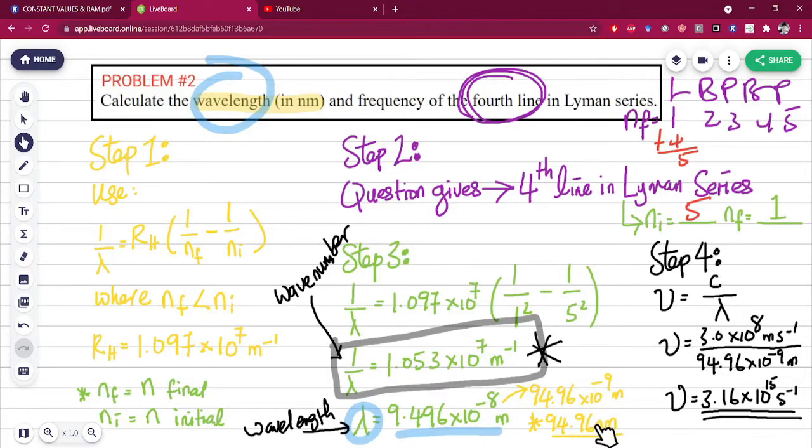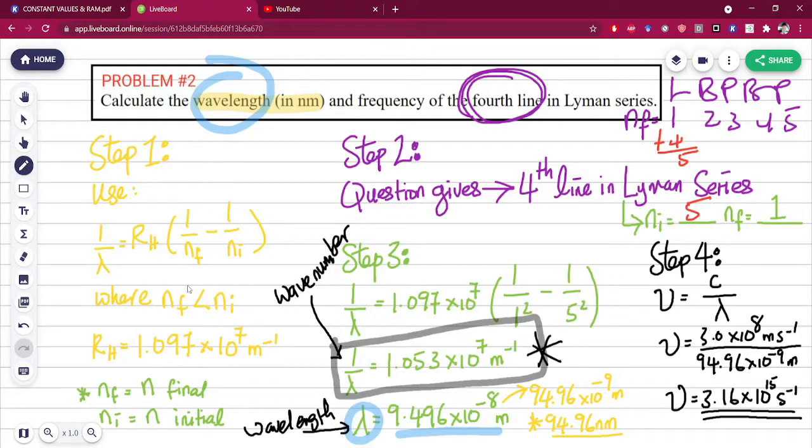But remember, do not use this number or format into your calculation, because you have n over here that needs to be changed into times 10 to the power of negative 9 first, before you would be able to use that number for the calculation. And the frequency is 3.16 times 10 to the power of 15.